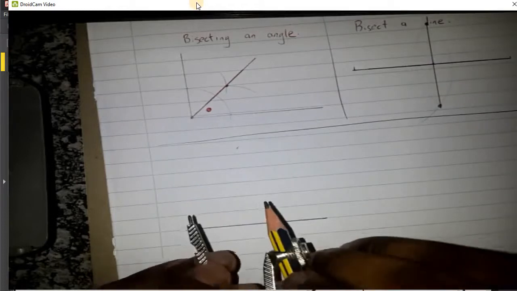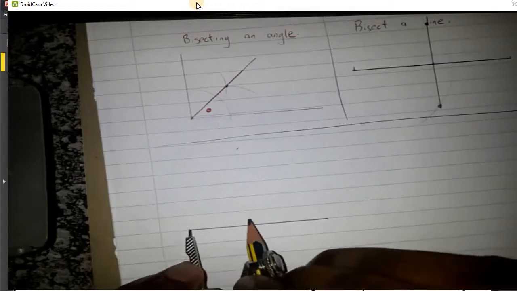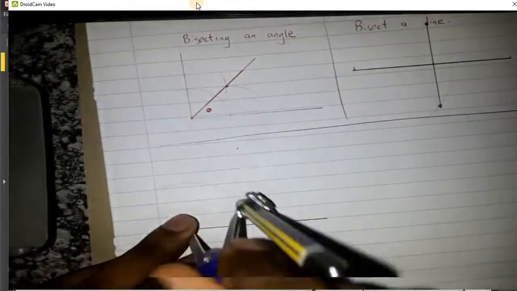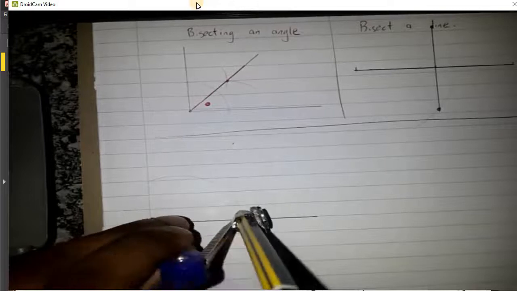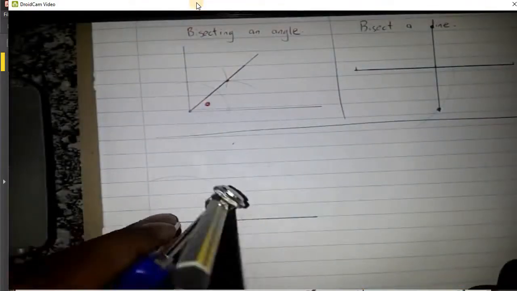Something like this is fine. So you do sort of a half a circle. Right, so we draw sort of a half a circle, right?